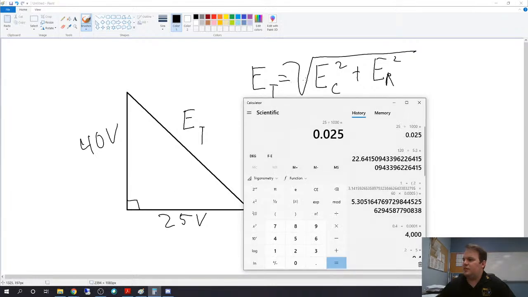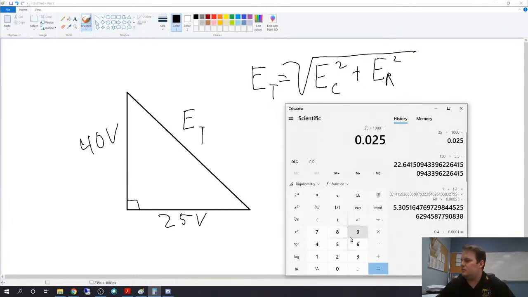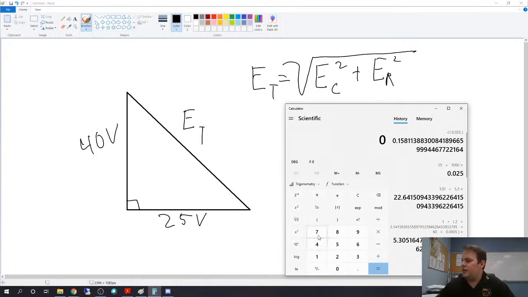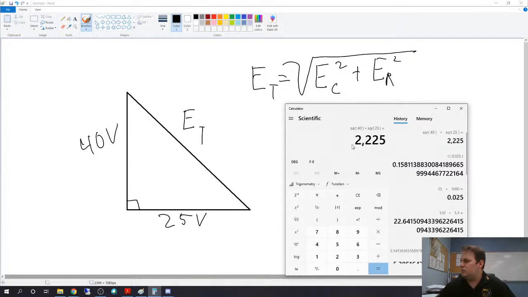So let's plug these numbers in, see what we get. 40 squared plus 25 squared gives me 2225, and then we take the square root of that. Your calculator may vary, but that's how I had to type it in my calculator.